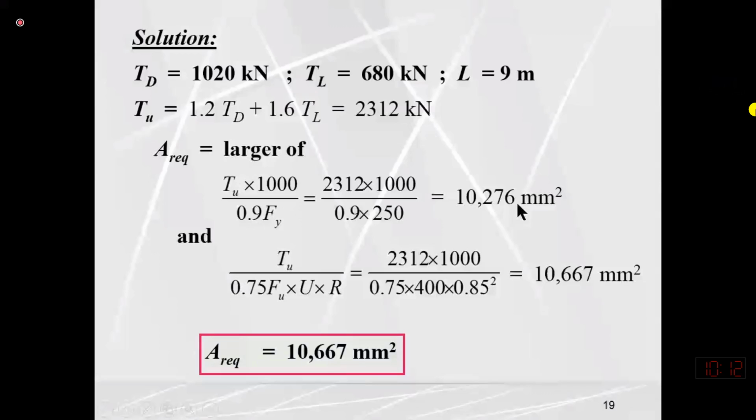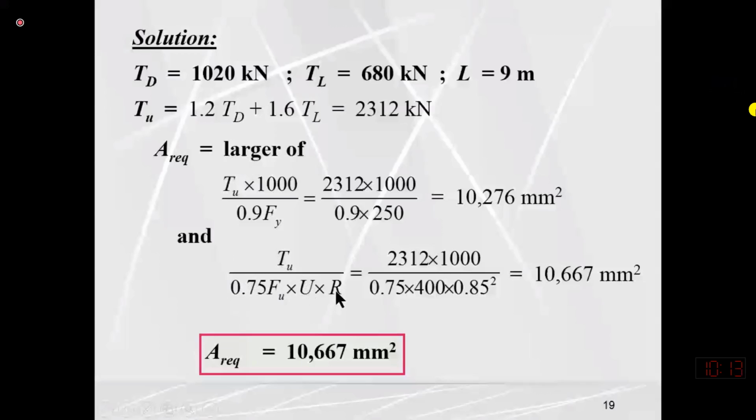Okay, in the rupture criterion, we are supposed to compare Tu with the ultimate strength and the effective area. So this U value converts the effective area into net area, and this R is the ratio between net area and gross area.